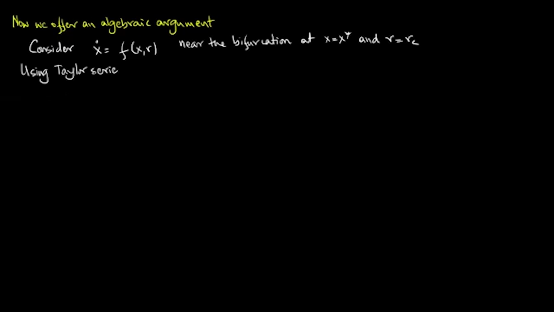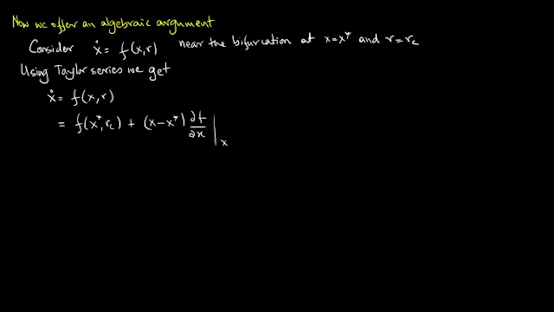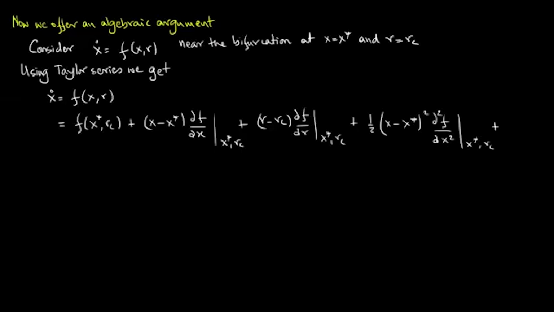Now using Taylor series, we get x dot is equal to f of x, r is equal to f of x star, r critical plus x minus x star times df dx evaluated at x star, r critical plus r minus r critical times df dr evaluated at x star, r critical plus a half of x minus x star whole squared times d squared f dx squared evaluated at x star, r critical plus higher order terms.